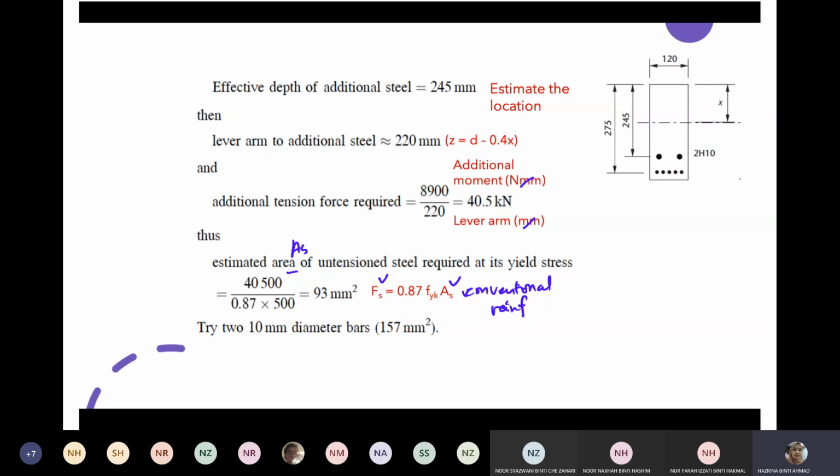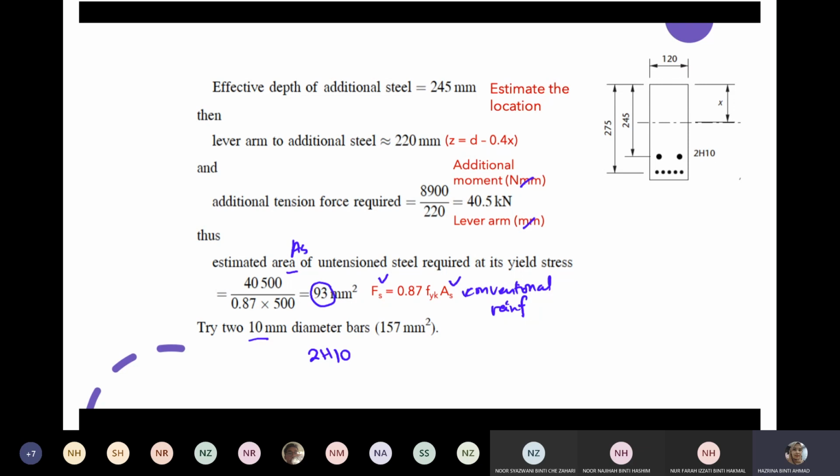So it is similar to the RC design. Once we have determined As required, then we can find which reinforcement we are going to use, which diameter and how many bars. As for this example, we are going to use 10 millimeter diameter bars, and we are going to select two bars, because we know here that the value is 93.